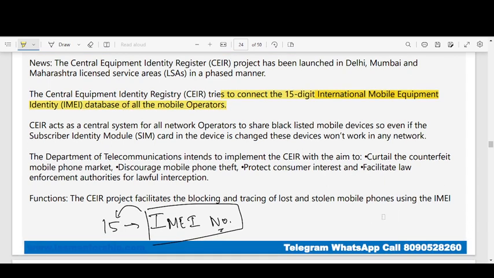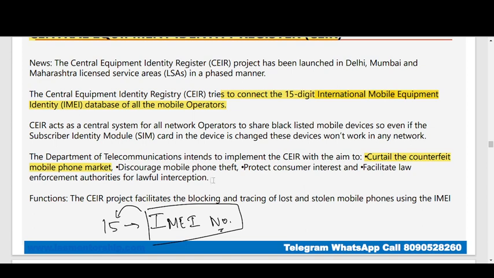So what are the advantages of it? The advantage is that it will help in curtailing the counterfeit mobile market. Okay, many fake mobiles are also running in the market with bad intention. It will discourage mobile phone thieves.